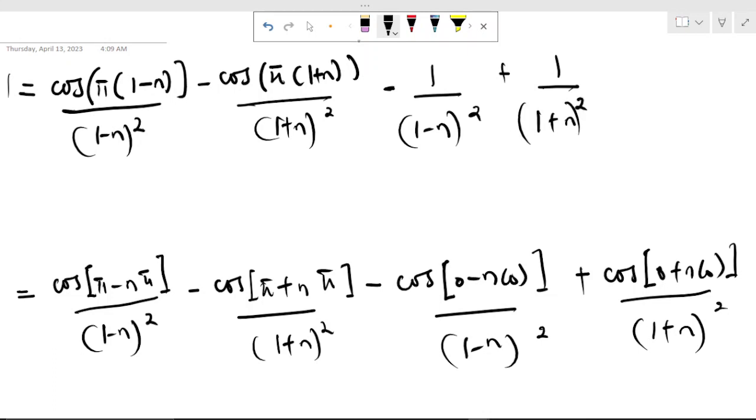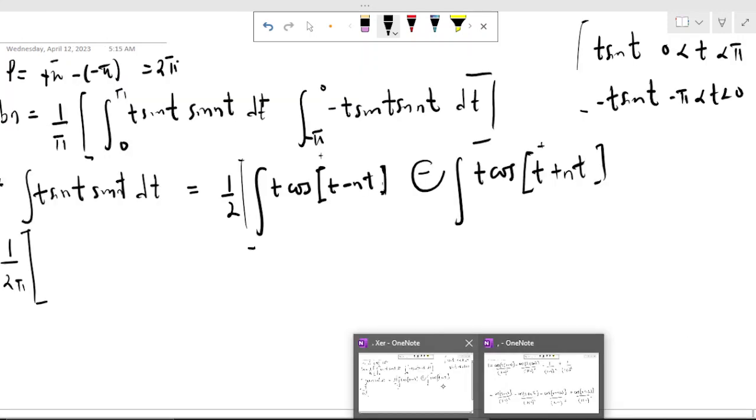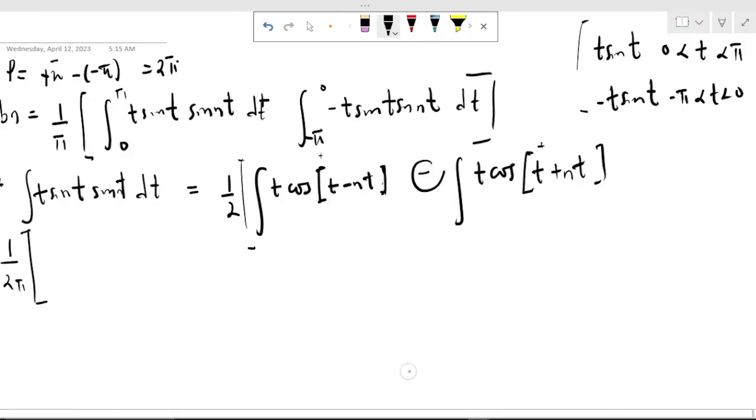So this is for, let's go back here. What we have just solved now is the integral of t sine nt from 0 to pi.